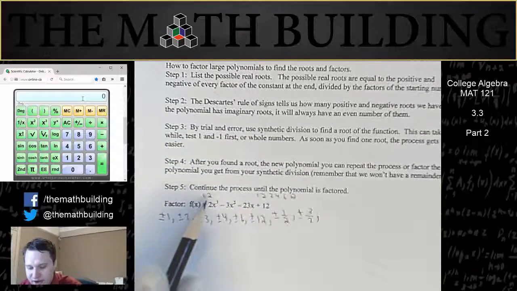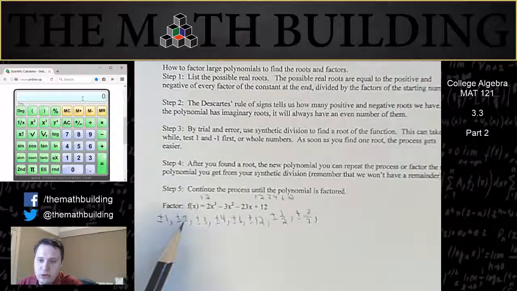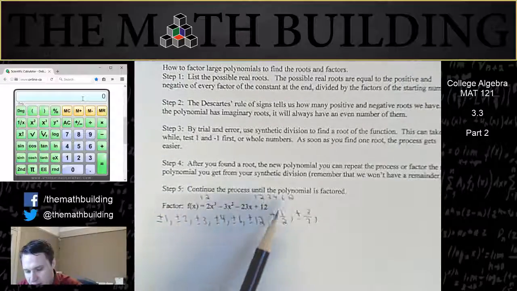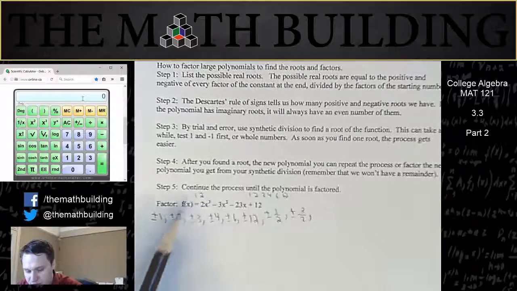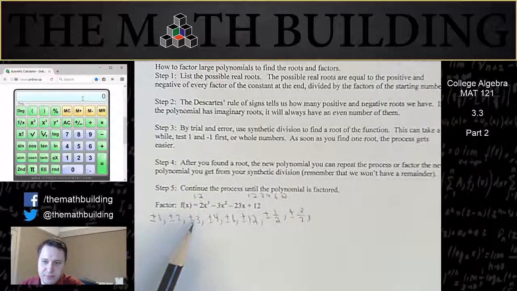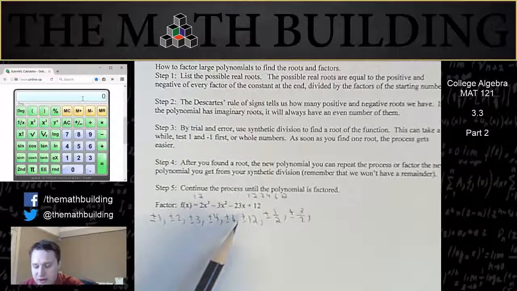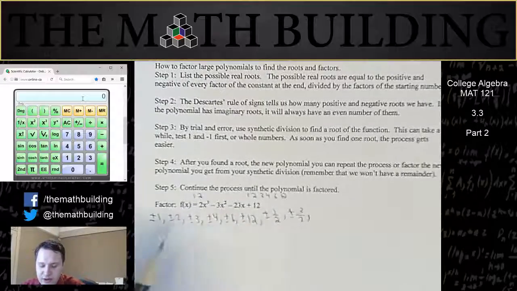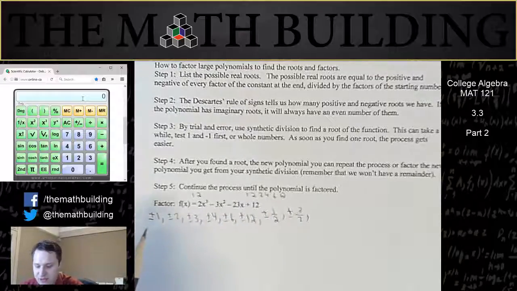If I did 4 divided by 2, that would equal 2, which is already on my list. 6 divided by 2 is 3, which is on our list. And 12 divided by 2 is 6, which is on our list. So you don't need to put ones on your list that are redundant. So here are all of the possible candidates for being a factor.